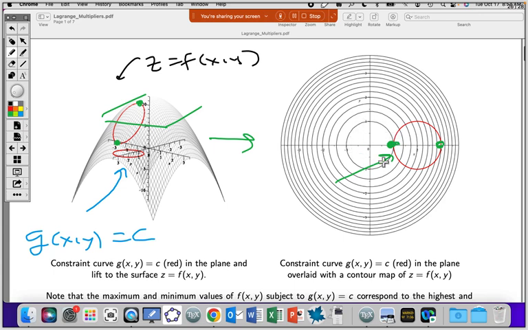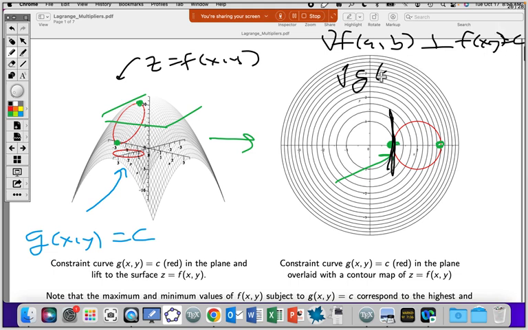And so if the contour here just touches the contour there, that means that they would have the same tangent. So if they have the same tangent, then that means the normal vectors have to be parallel. And we know that the gradient of f is orthogonal to the contours, f of x, y equals a constant.